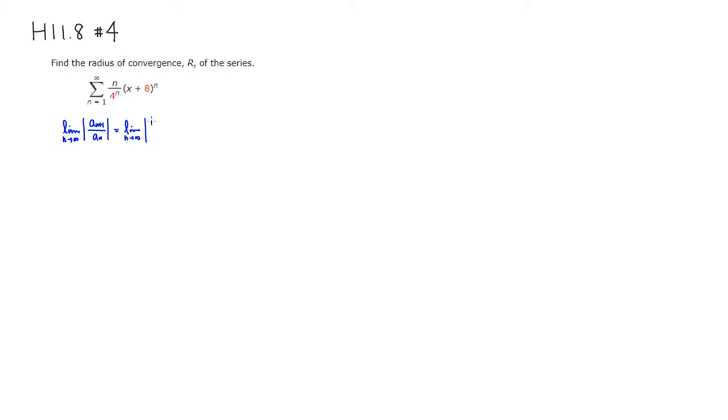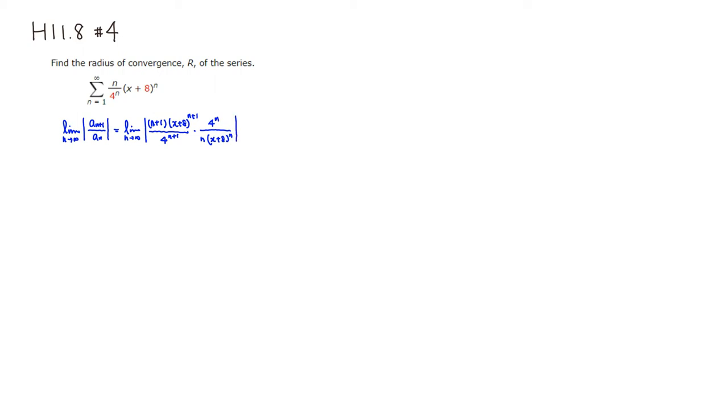We have n plus 1 on top, then x plus 8 raised to the n plus 1, divided by 4 to the n plus 1 power. Then divide by a_n, which is the reciprocal of this. So you have 4 to the n on top, then we have n and also x plus 8 to the n on the bottom.